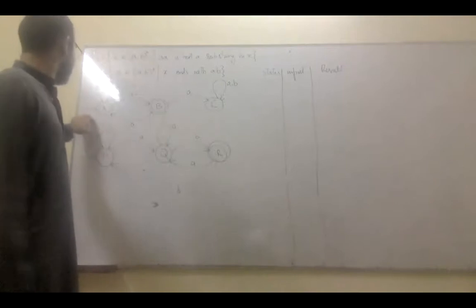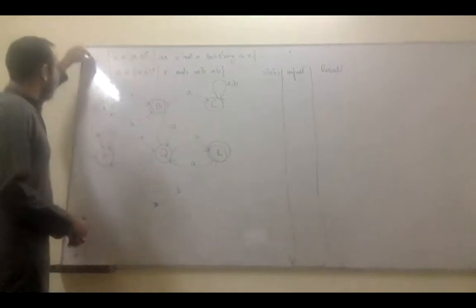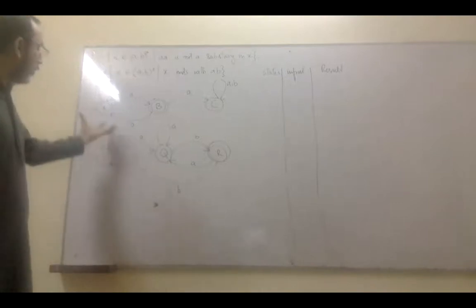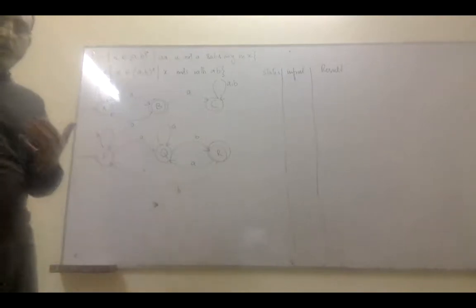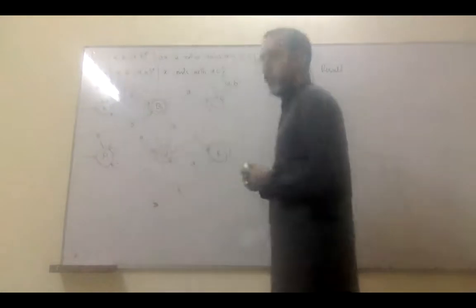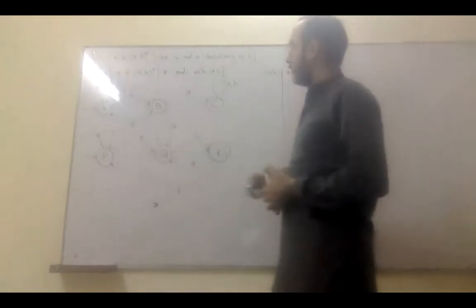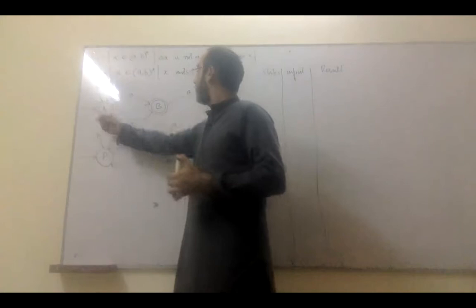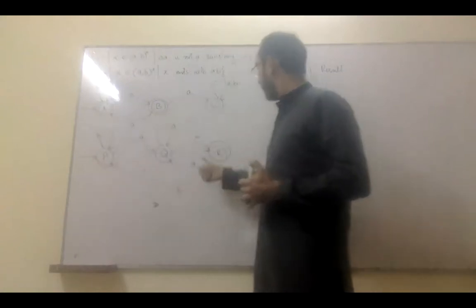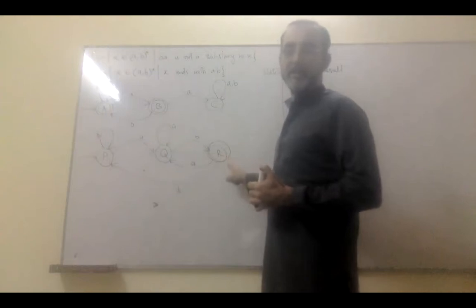This is for L1, and this is for L2. Now after drawing them, I have to draw the transition table. You can see this is the initial state and these are the two final states here, and in this FA this is the initial state and this is the final state.